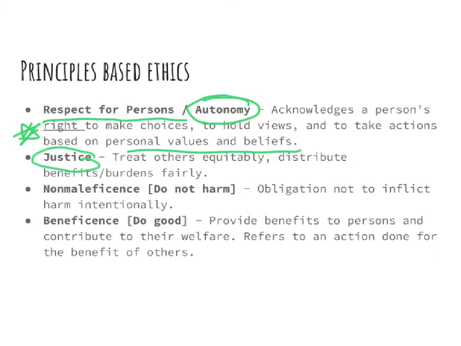The idea is that others should be treated equitably, and we should distribute benefits and burdens fairly. Then the next is the principle of non-maleficence, which in the Christian tradition we might call the silver rule. It means we have an obligation not to inflict harm intentionally, or in the terms of medical ethics, the Hippocratic Oath.